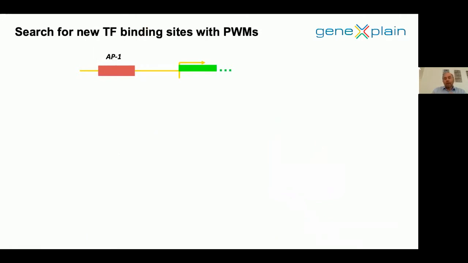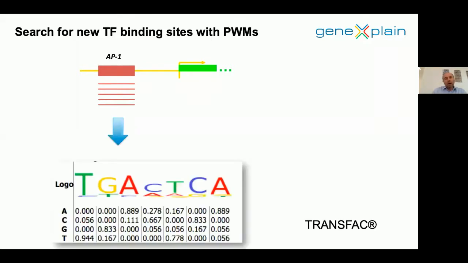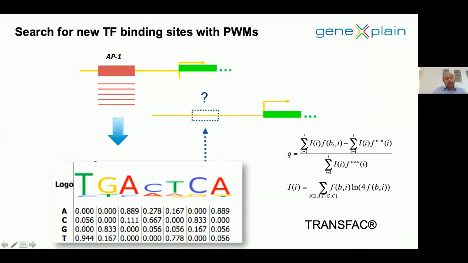At the core of that algorithm, we try to find transcription factor binding sites in the regulatory regions of genes. For instance, there is a transcription factor called AP1, which is very often responsible for activating genes. Using a known positional weight matrix, or so-called generalized consensus of the binding sites for this factor, stored in a database called TRANSFAC, we apply these matrices to find new potential binding sites for these factors.